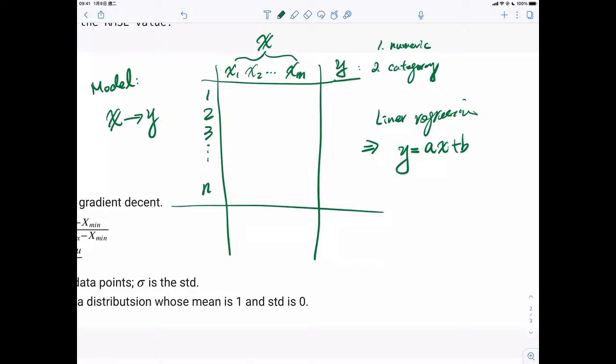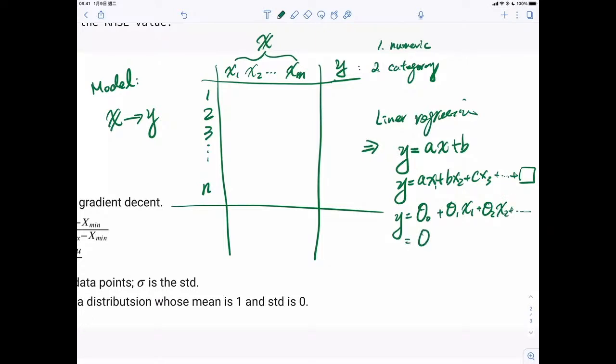If you have only one variable, x1, then you write it down like that. However, the general form looks like this: y equals a x1 plus b x2 plus c x3, and so on and so forth. However, when we do the math, usually we write it in this way: the coefficients become theta, so we have theta 0 plus theta 1 x1, plus theta 2 x2, and so on and so forth.